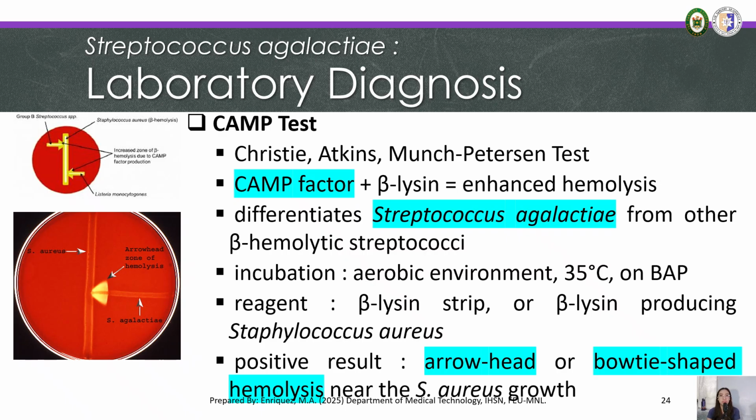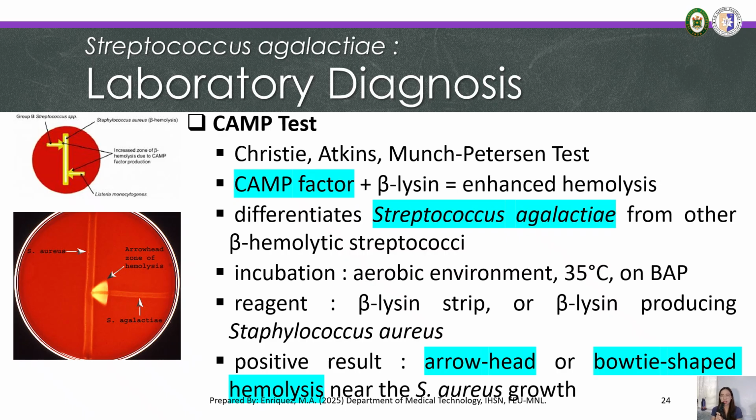All right. So we could either use a beta lysine strip. Okay. So it's a kind of paper strip that has been filled with beta lysine, or we could also use an organism that produces beta lysine, such as Staphylococcus aureus. Okay. So the principle behind this is that certain bacteria, such as group B strep, can produce an extracellular hemolytic factor known as the CAMP factor.